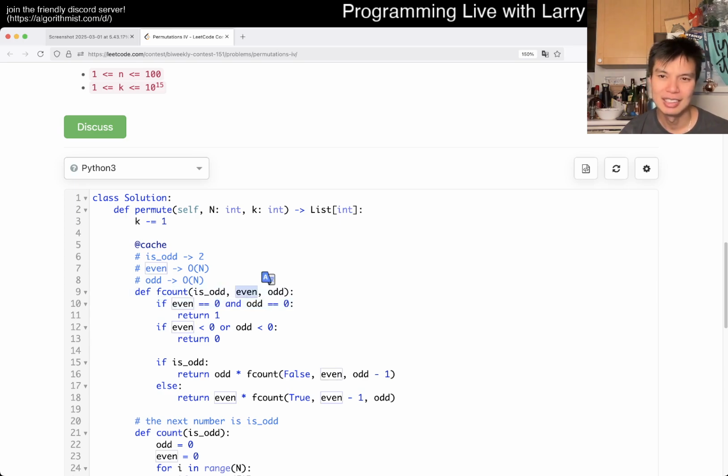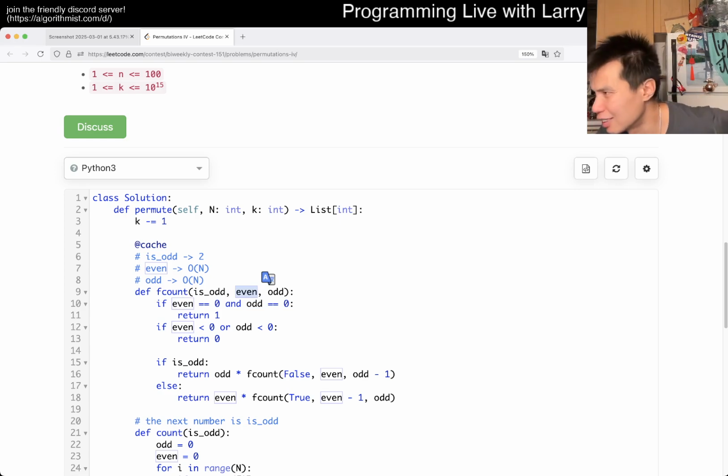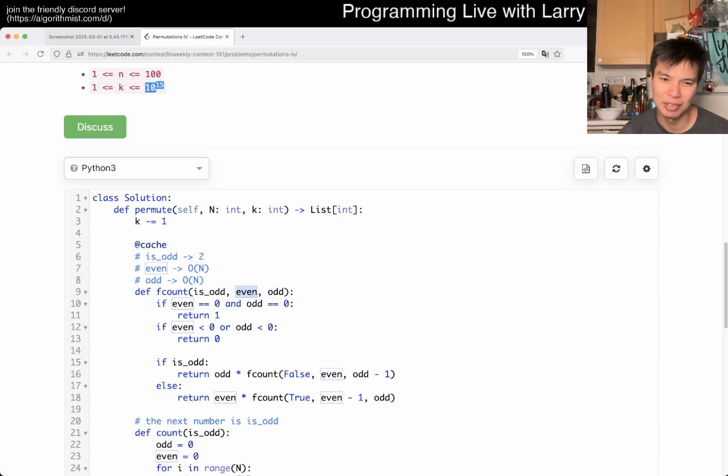Just calculate the number until it overflows. I don't know what it actually is, maybe like 15 or 20. Because k is only 10 to the 15, you only need this up to like 15 or something like that. This is off my head, so maybe I'm off by a couple. So yeah, if even is greater than 15, then you might as well just return infinity, because it will always be smaller, is my point.